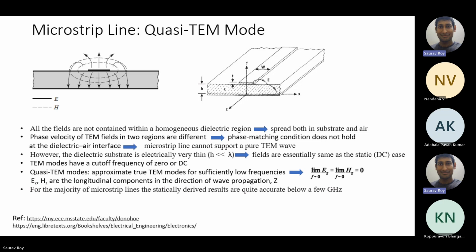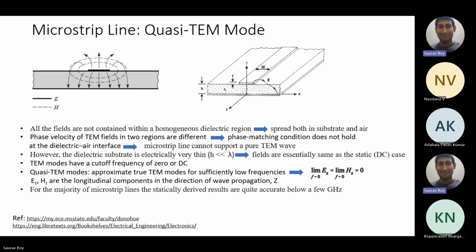Also the TEM mode has a cutoff frequency of 0 at DC, so normally TEM mode can propagate above DC only. In this case, we have quasi-TEM modes. It almost behaves like TEM, but not exactly TEM. That's why it's called quasi-TEM.